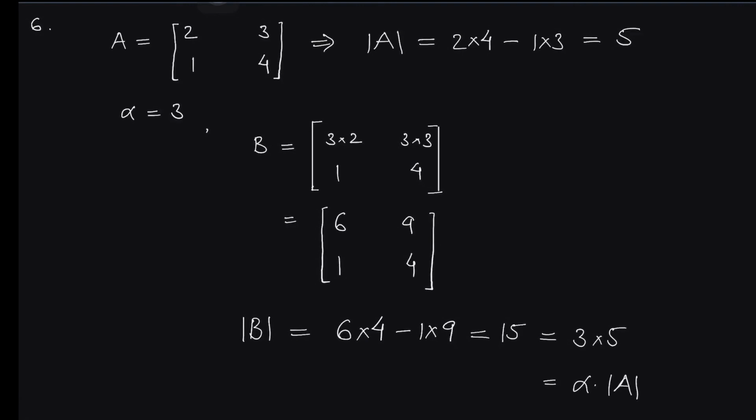So you see that in any square matrix, if you multiply any row or any column by a scalar alpha, then the determinant of the new matrix will be what? Alpha times the determinant of the original matrix. So remember this result, it may be helpful to you.